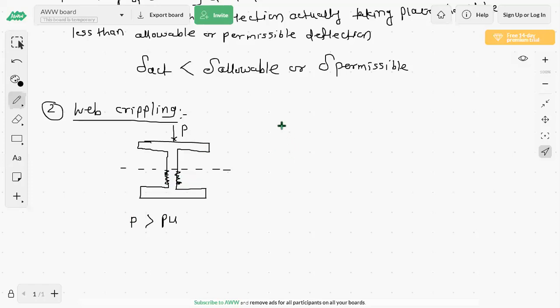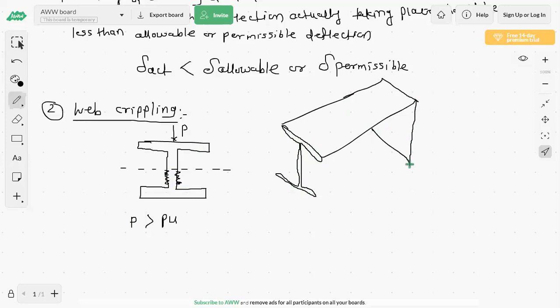So if I draw the three-dimensional view of this section, then you will realize. So this is the 3D view. Are you getting? This is your 3D view.